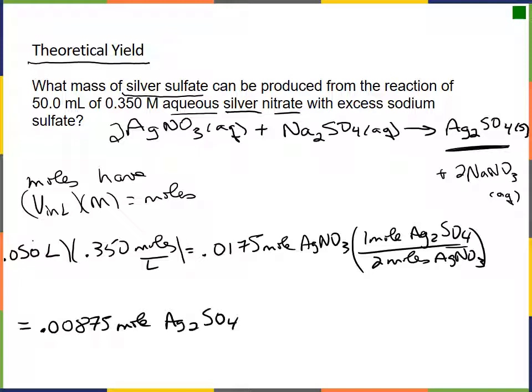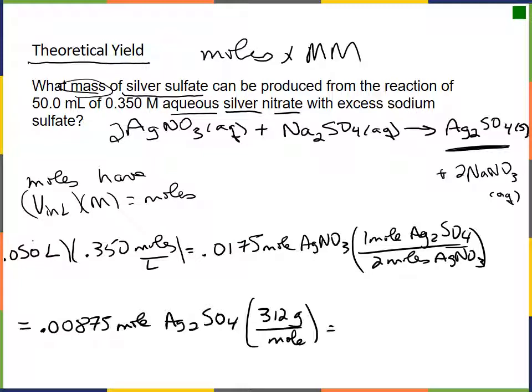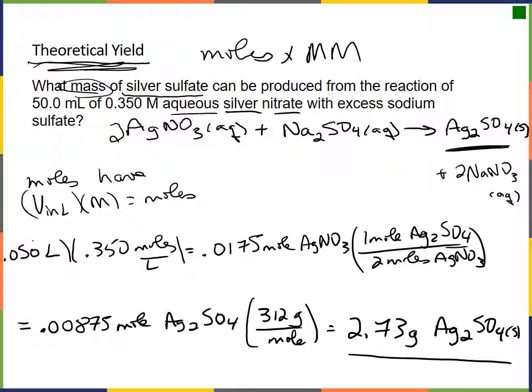We know that anytime we want to get mass, our mass is grams, and if we take moles and multiply by molar mass, we're going to get grams. Molar mass of silver sulfate off the periodic table is 312 grams per mole, telling us that when we're done with this, we are going to collect 2.73 grams of silver sulfate. That is our theoretical yield. That is just grams of the product we should make.